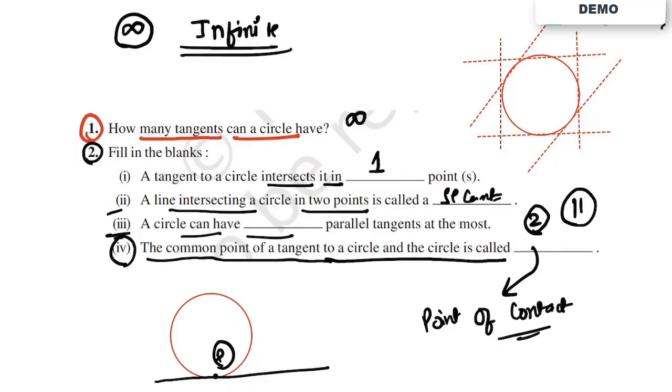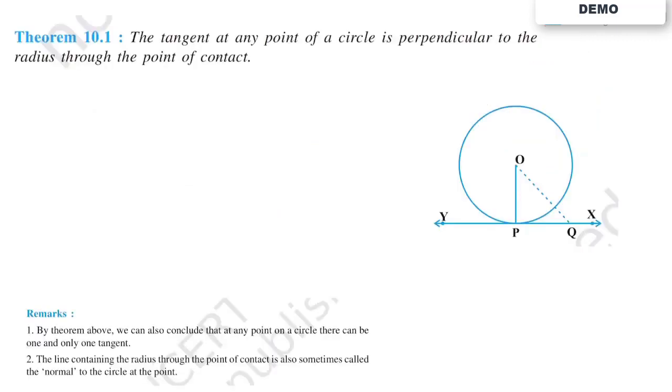Now let us discuss some of the important theorems. These important theorems are very necessary in order to know about the tangents and how their geometry works. So let us start with theorem number 10.1. Our theorem states that, it is the statement and you have to remember it: the tangent at any point of a circle is perpendicular to the radius through the point of contact.